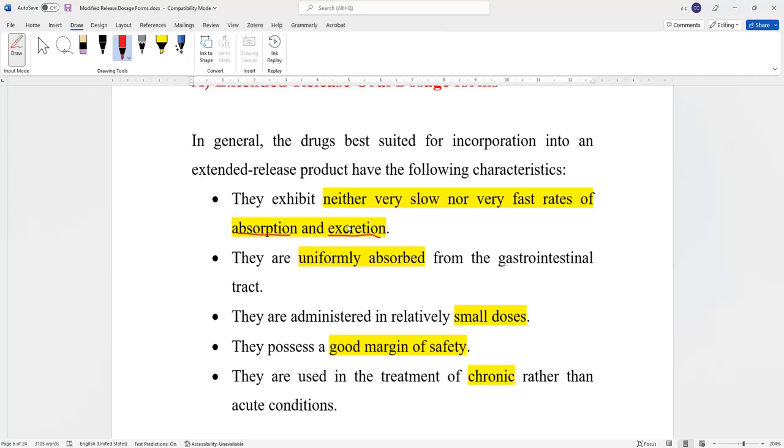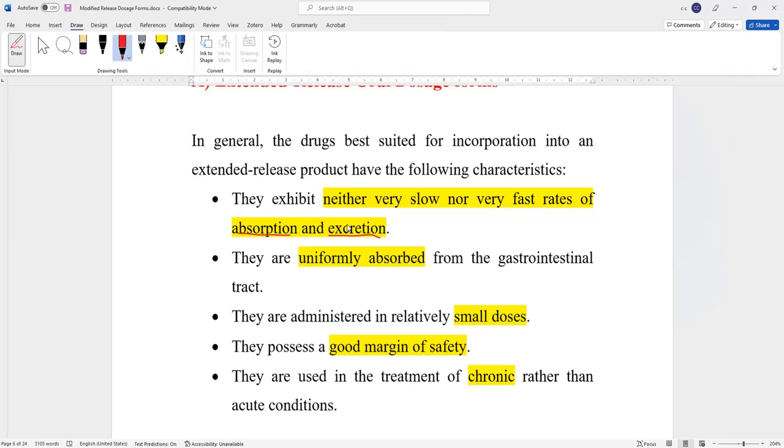What about if it is very fast? It means that I will need a big dose to compensate what is lost. If the absorption or excretion is very fast, I need a large dose to keep putting the drug in the system.